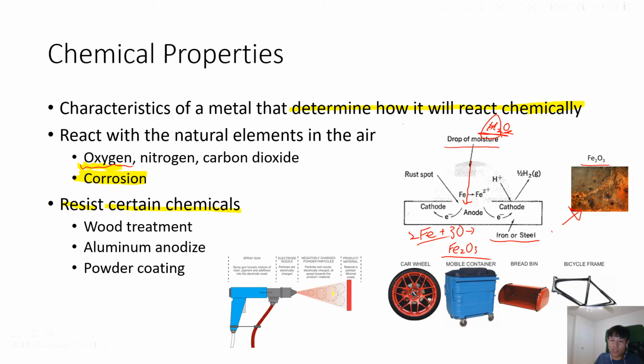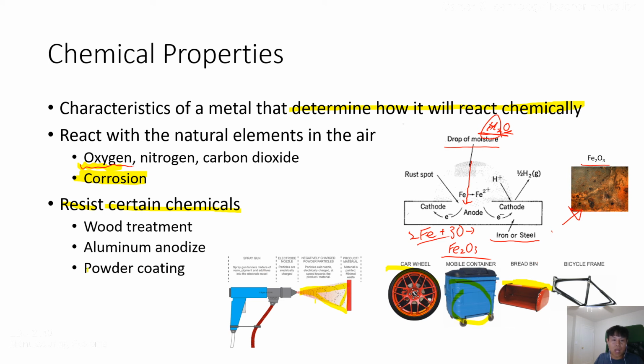One way to prevent corrosion is to shoot paint with a paint gun and paint the metal so that it is protected from the oxygen, like this one.